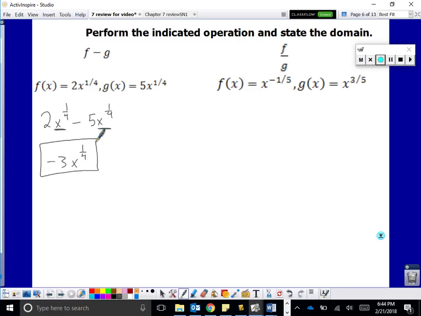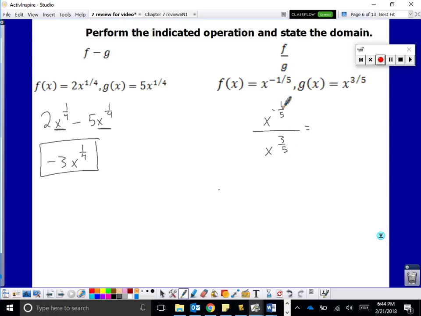Negative 3x to the 1/4. Coming over here, now I've got f over g, so I'm saying that's x to the negative 1/5, all divided by x to the 3/5. If I do this one, I have the same base, so I can work with my exponents. I've already got a common denominator, so I can work with that right off the bat.